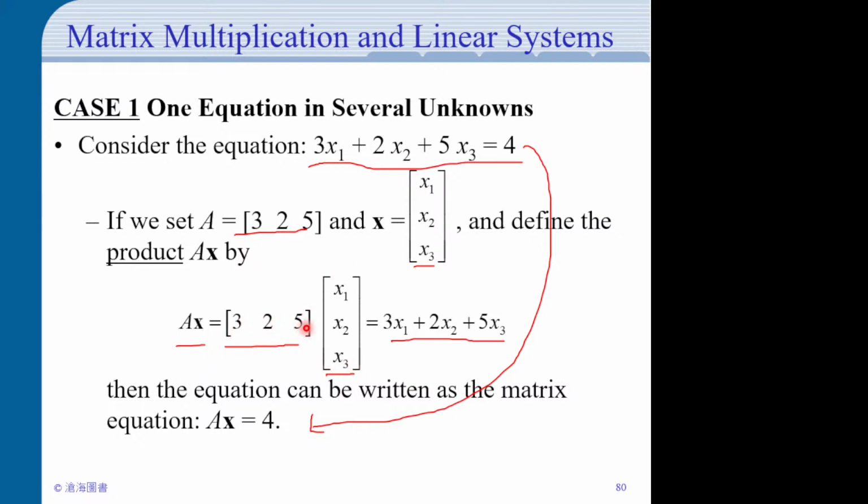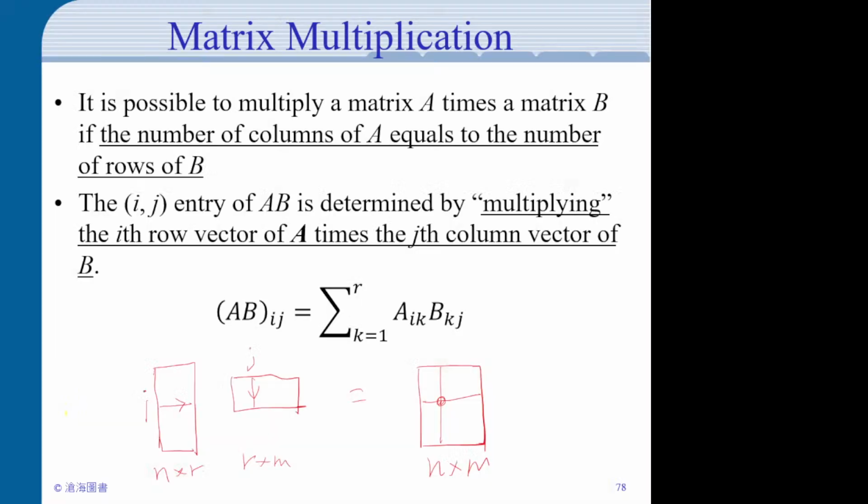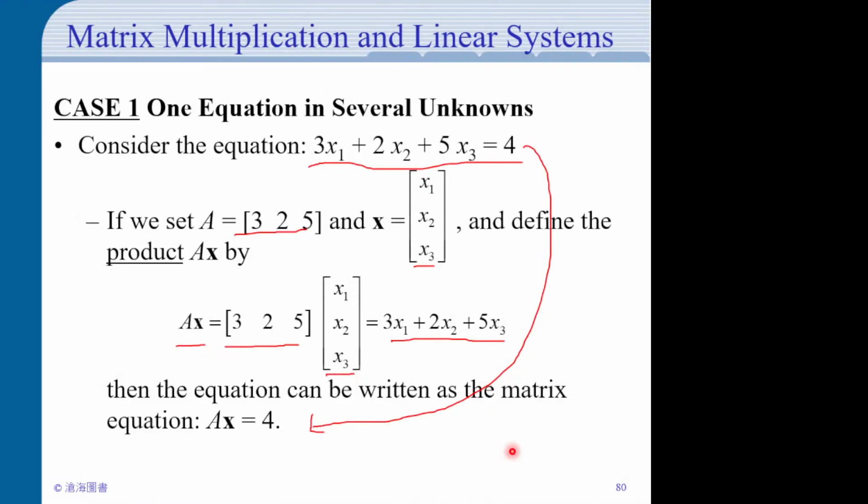This r is 3 here and r is 3 here, which is nice. Here you see an example of our matrix multiplication rule. If n equals 1 and r equals 3, you should get a 1 by 1 matrix here. So it's just a number.